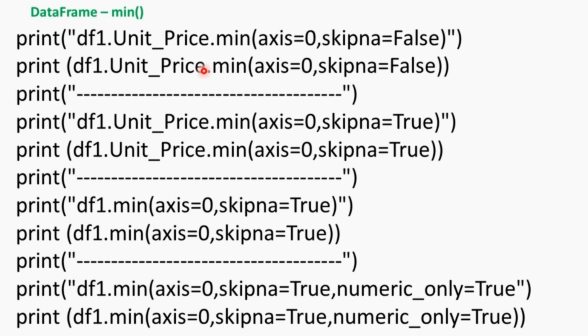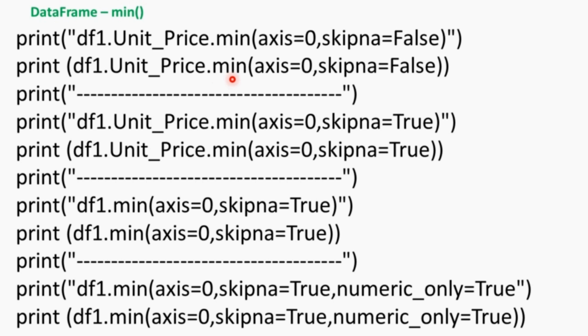The next function is the min function. The min function is used to find the minimum value out of a set or from a data frame or from a series, we can say. We assume that the data frame is already defined. As in the previous example, here we are using simply the min function. How to write the min function? Data frame name dot unit price, this is the column name, dot min.